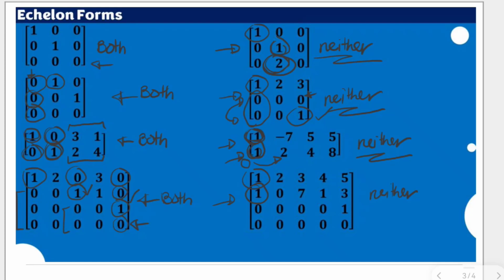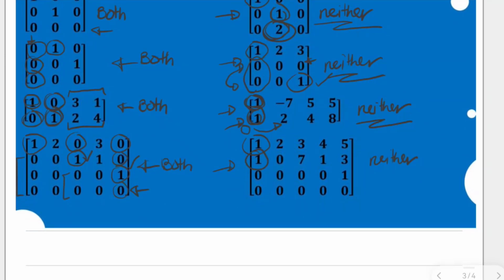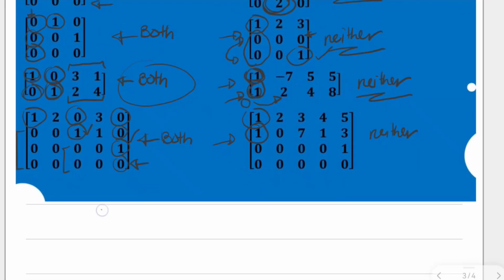Now all of our answers here are both or neither. So can we have an example which is just a row echelon form? Let me consider this 2 by 4 matrix. If this is 1, 0, and then we have another entry here, let's say 1, 1, 3, 2, 1, and 4. This is the only difference: it was 0 earlier, now it's 1.